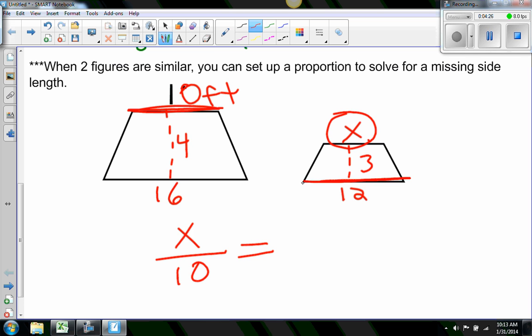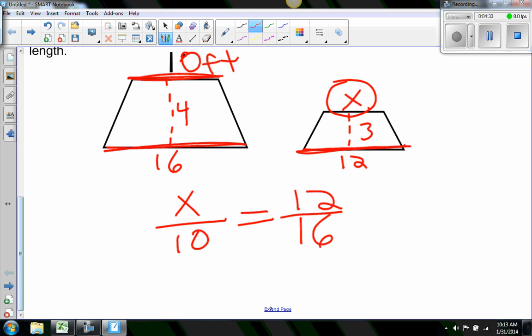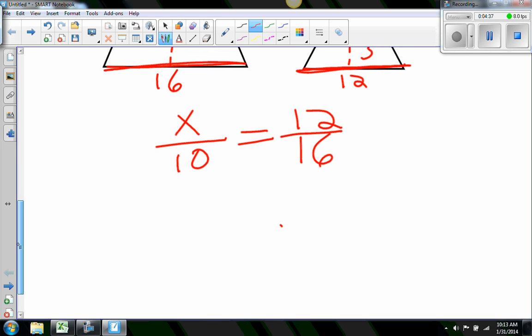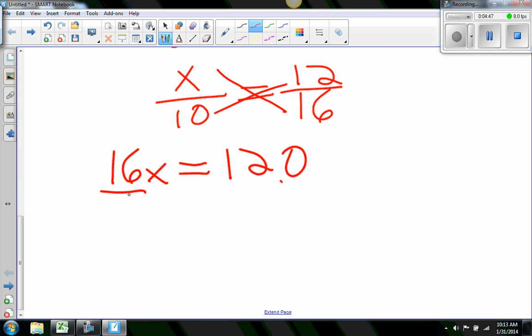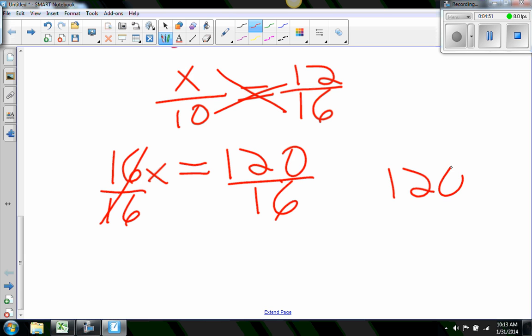Then I'm going to go back to the small figure and go 12 is to 16 because they're corresponding. Then I solve my proportion. Crisscross: 16 times x is 16x, and 10 times 12 is 120. Then my last step is to get rid of the 16 by dividing, so 120 divided by 16.